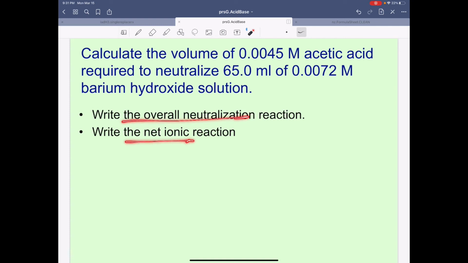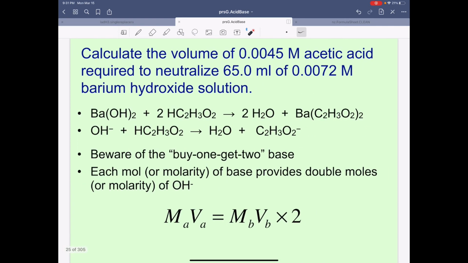So let's write the overall neutralization, not forgetting that this is a strong base, this being a weak acid. So because of this 2, buy 1, get 2 base, if you will, we need double the acid to attack the base, or half the amount of base can attack twice as much acid.